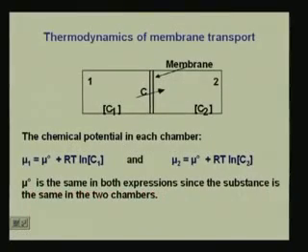Now, if we look at the thermodynamics of membrane transport, we are speaking about free energy and how this all can occur. Basically we are looking at two chambers here where we are transporting one solute, or one substance, from one side to the other.